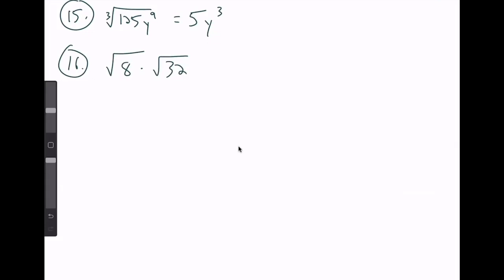In order to solve this, I can just multiply 8 times 32 and put it inside here like this. You don't have to have it memorized, 8 times 32 gives you 256.